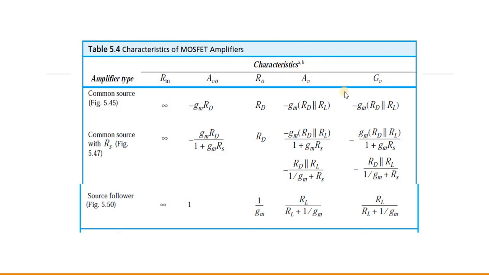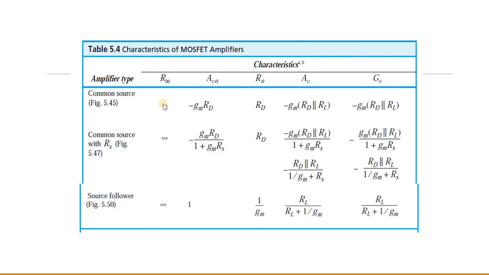It is denoted as either AV or GV. So one of the amplifier types we have seen is common source without source resistance RS. When there is source resistance, there is a change in your open circuit voltage gain and the overall gain. That is, we need to include one factor, 1 plus Gm into RS, in the with-source case. Okay, only that is the difference.